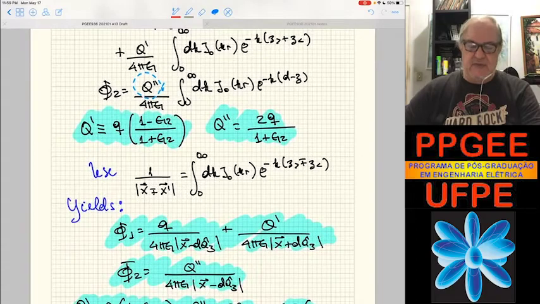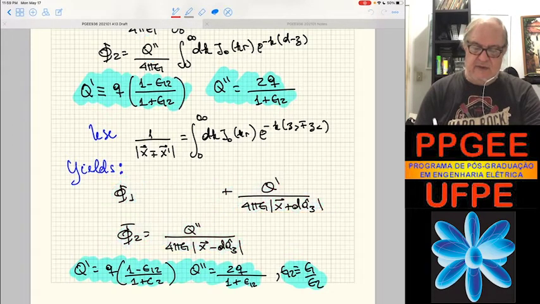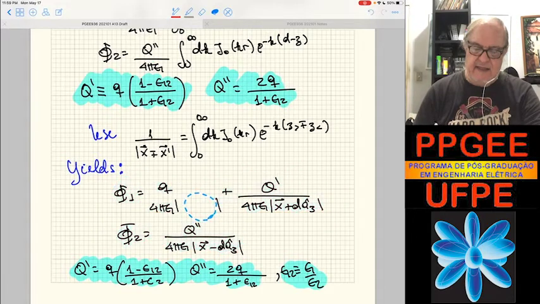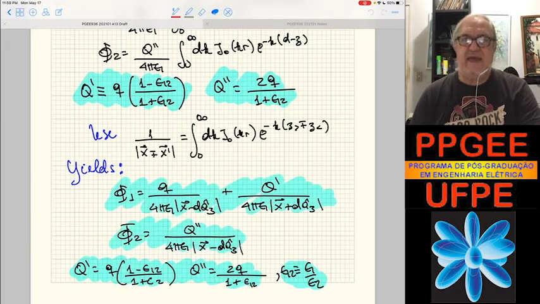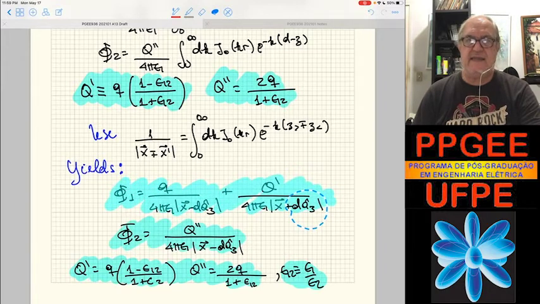So after you do that, you see that the potential on the upper hemisphere is that due to a point charge located on the original location, which was given d along z, and it's as if we had an image charge q prime in the lower hemisphere symmetrically located at the distance d. Okay?